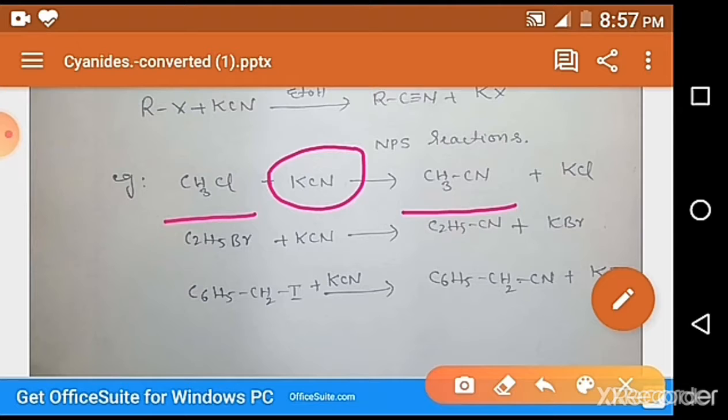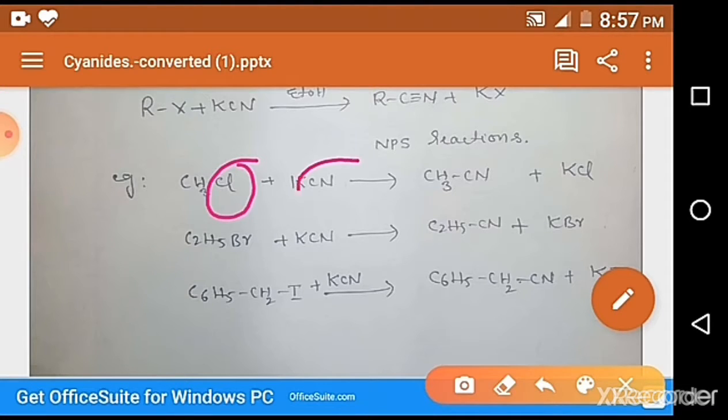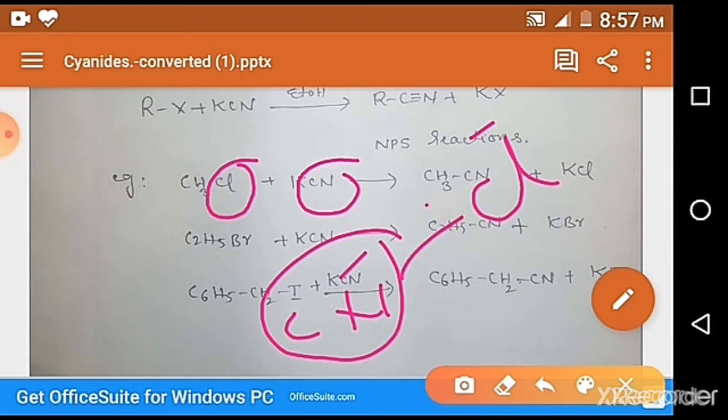What is happening in this reaction is that Cl is getting replaced by cyanide. CN is a strong nucleophile, and chloride is a weak nucleophile. This cyanide replaces the chloride.